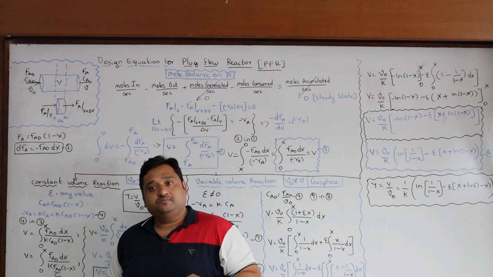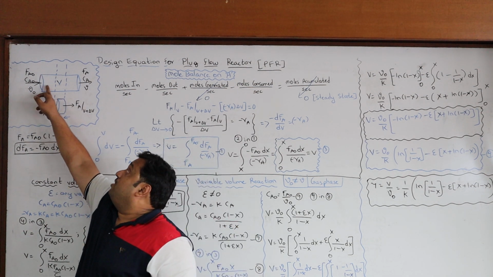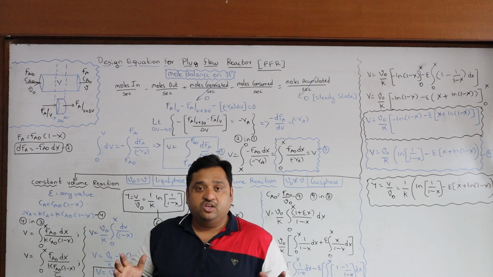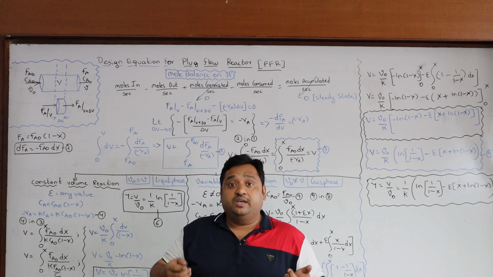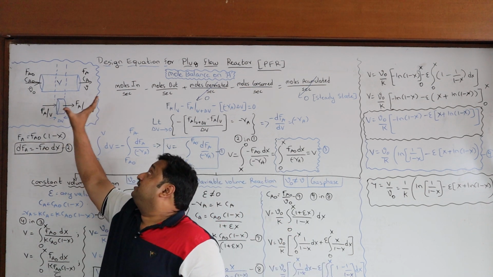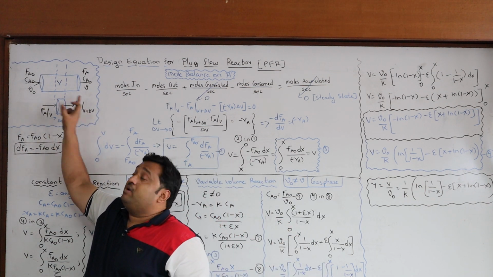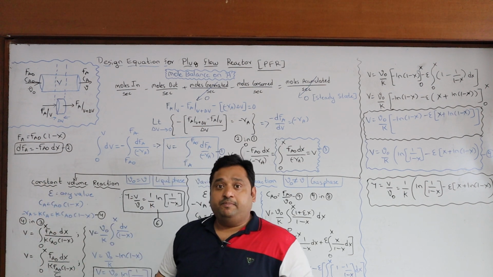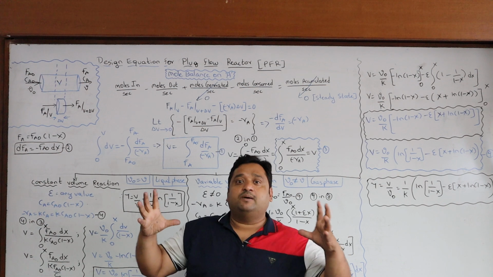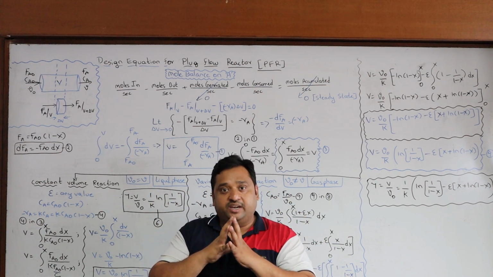That is why you have to somehow average the rates between the entrance and the exit. So we use integration, okay. Integration means averaging the rate over the entire volume. That means it neither takes the higher rate nor the lower rate, it averages the rate of reaction.